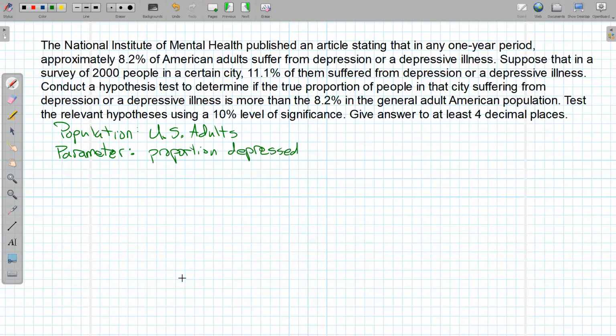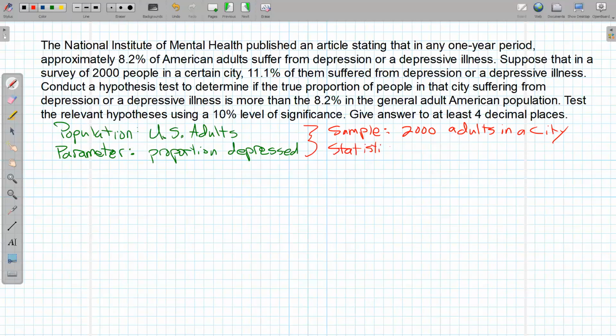All right, so then a sample was taken to try and figure out what's going on with this huge population. My sample would be 2,000 people, I'm assuming they were adults, in a certain city. So 2,000 adults in a city. And what's the statistic?